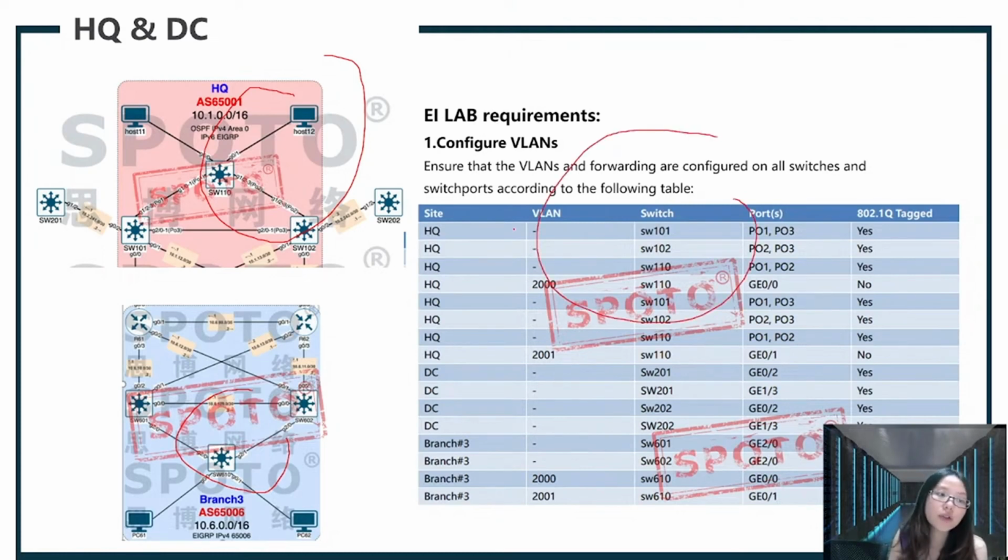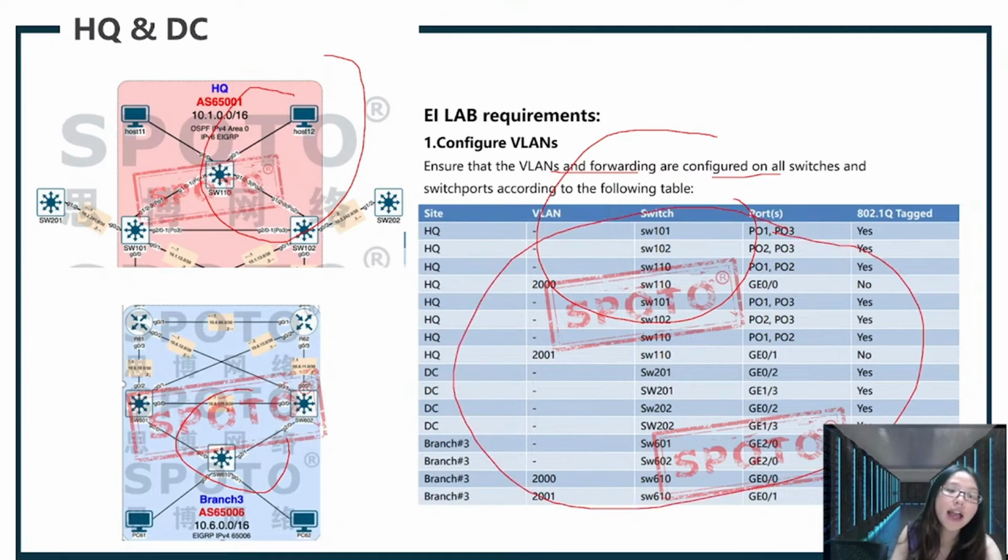In this part, you just configure VLANs, and the forwarding is configured on all switches and the switch ports according to this forwarding table. So we just need to configure access and trunk in this part. This part is very simple. We only need to configure VLANs according to the requirement.